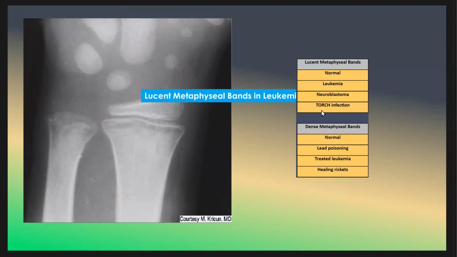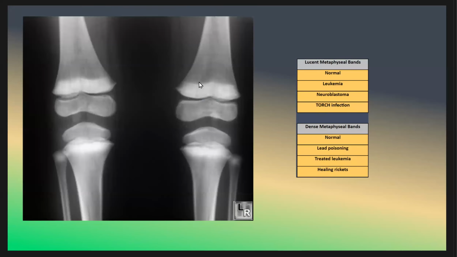So this is a leukemic patient with metaphyseal lucent lines. Also, we have dense metaphyseal lines, which can also be normal, and this is a patient with lead poisoning. This is lead poisoning. It can also be seen in leukemia and healing rickets.